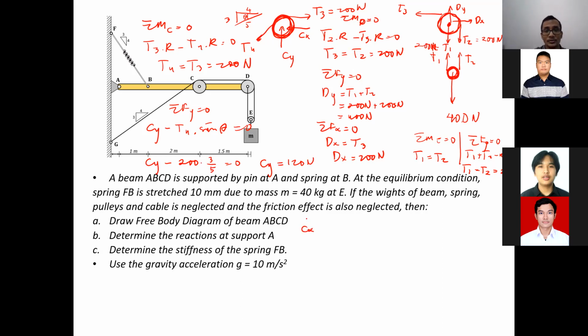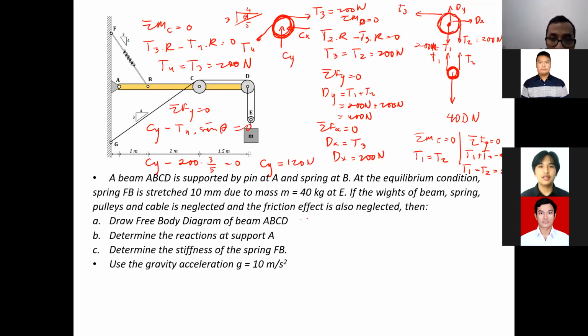Using sigma Fx equal to 0, what will you have? T3 minus Cx minus T4 cos theta equals 0.